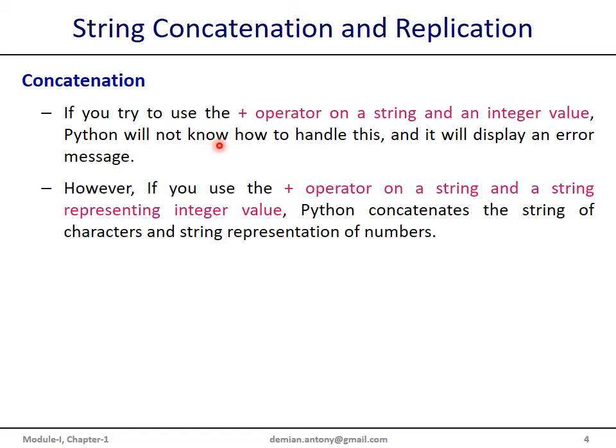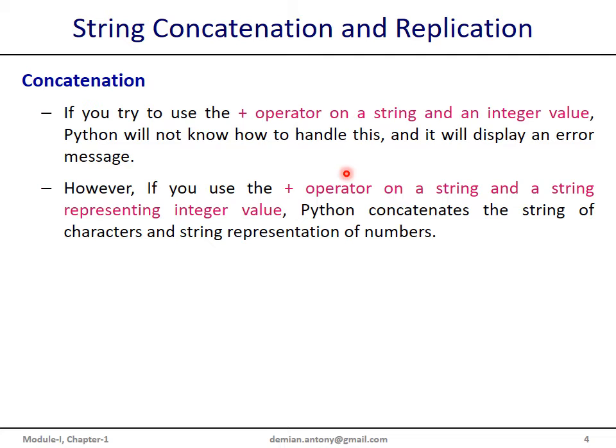If you try to use the plus operator on a string and an integer value, in that case Python will not recognize this expression as a valid one, and it displays an error message.